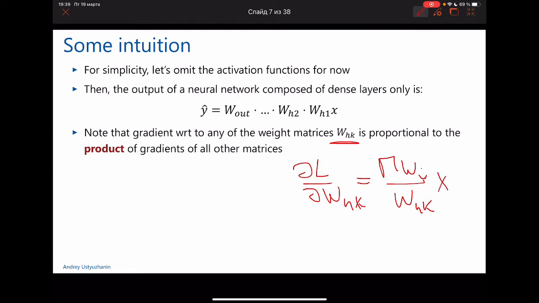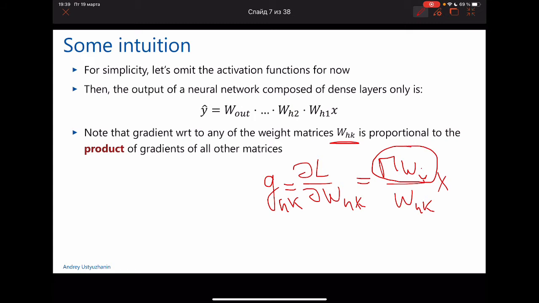Well, it's a little bit more complicated because of the matrix multiplication in linear algebra. We have to transpose and keep the correct order. But the idea is that the gradient we want to compute is proportional to the multiplication of all weights of the matrices.